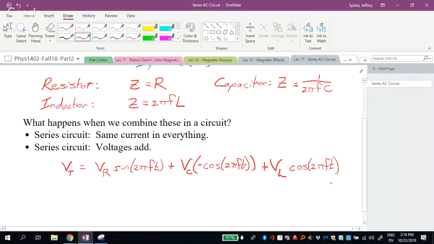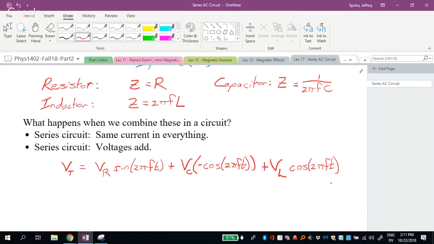Inductors and capacitors do a weird thing with the current and the voltage. They'll take a current that looks like a sine function and turn it into a cosine function. The resistor will take a current that looks like a sine function and keep it as a sine function, and that's fine. So the resistor still has a sine function, but the other two have cosine functions.